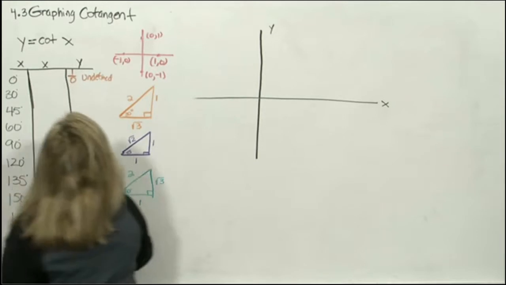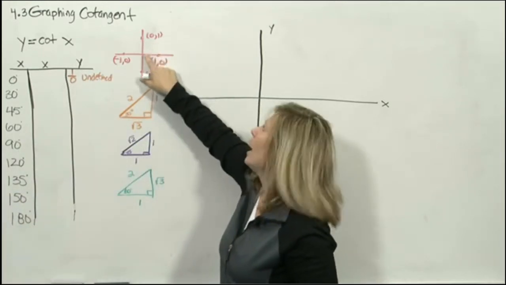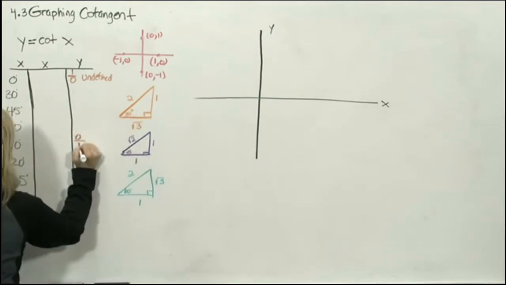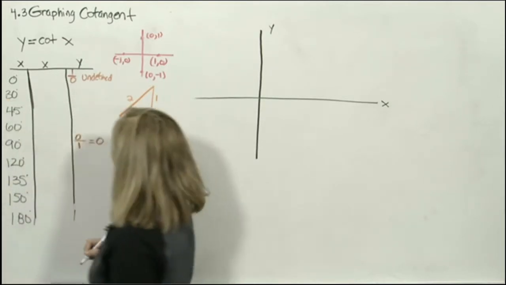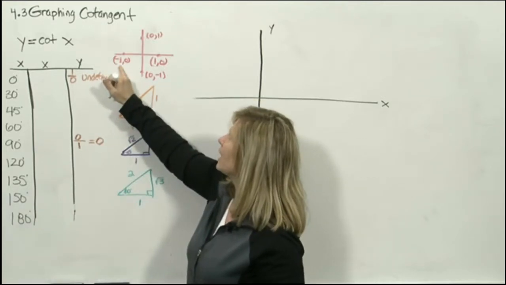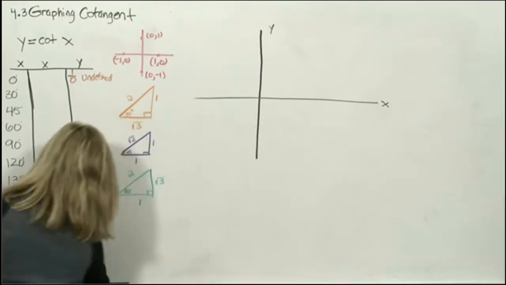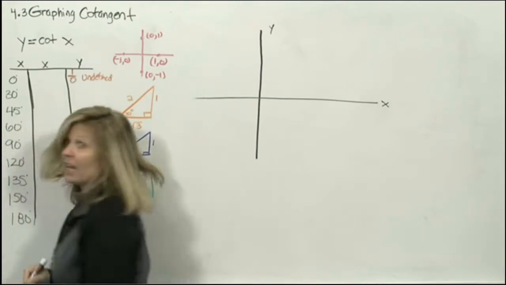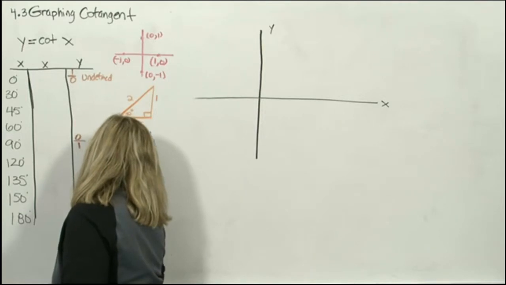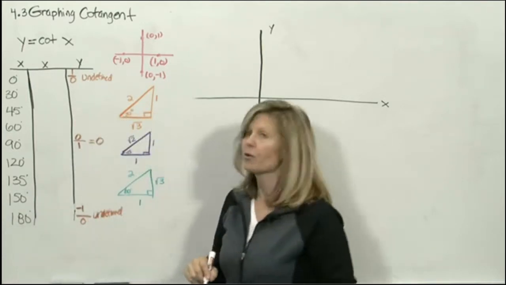Good. If we go to 90 degrees and we do x over y, 0 over 1 is, that's right, 0. And if we go to 180 degrees, x over y is negative 1 divided by 0, which again, we can never divide by 0, is undefined. All right, so far so good.